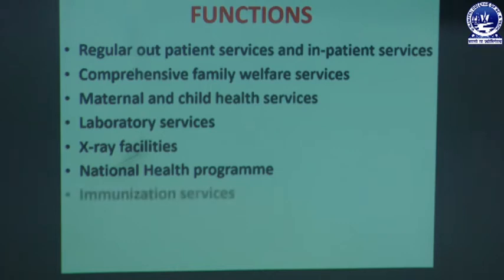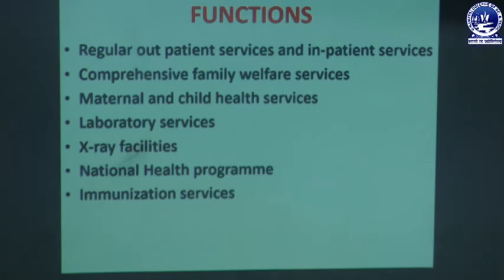Then are immunization services. Under immunization services there are different immunizations like BCG at birth or as early as possible till 1 year of age, and hepatitis B birth dose at birth or as early as possible within 24 hours. Then OPV birth dose at birth or as early as possible within the first 15 days.